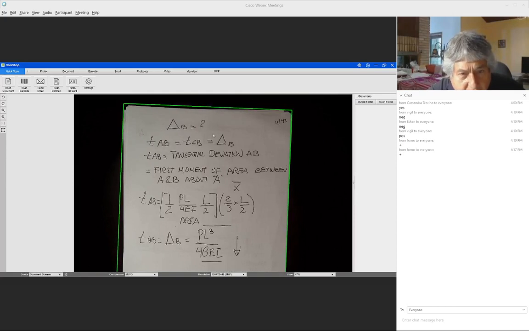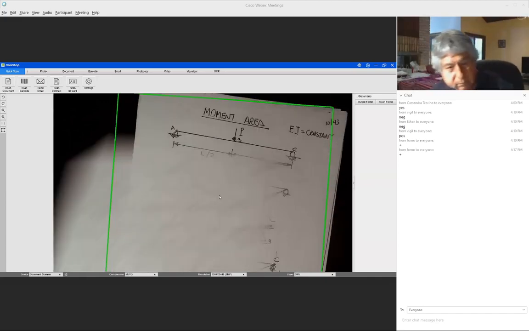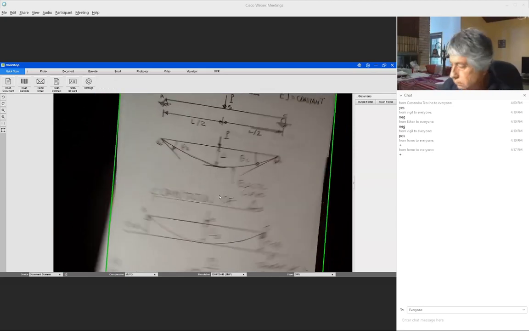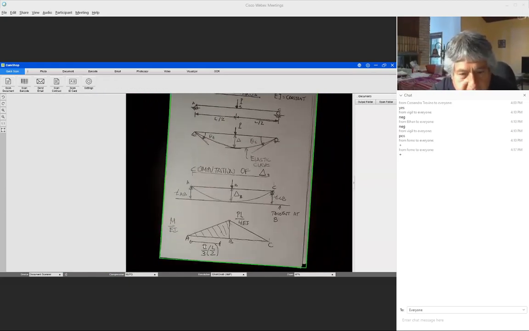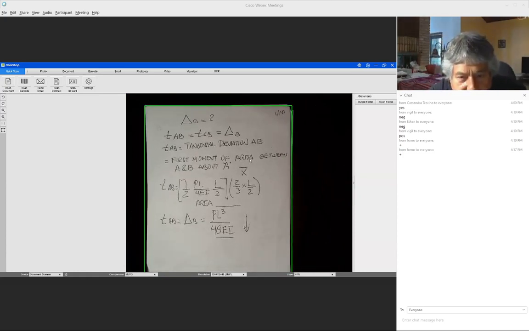So what I've done here is compute the deflection at B. I have shown you it's equal to TAB or TCB, delta B. It's the first moment of the area between A and B about A. Look, 1/2 times P over 4EI times L over 2, multiplied by this distance, 2/3 of L over 2.